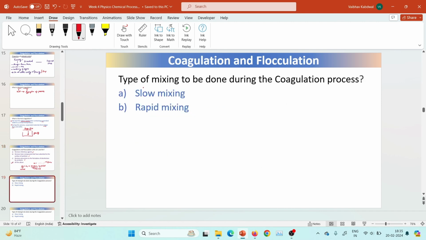So during coagulation, what type of mixing is done? Rapid mixing or slow mixing? Think about the purpose of coagulation, which is to neutralize the charge.